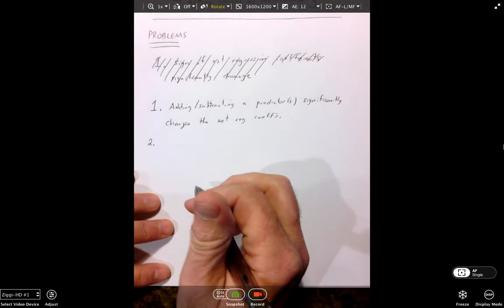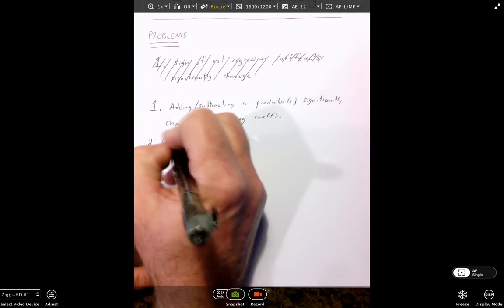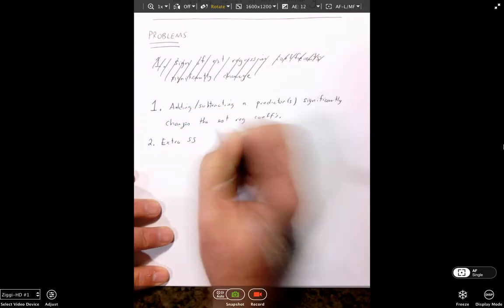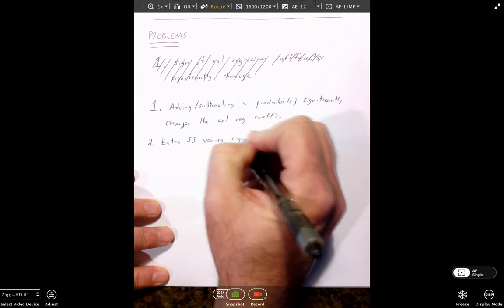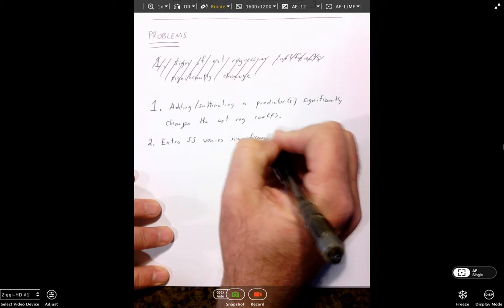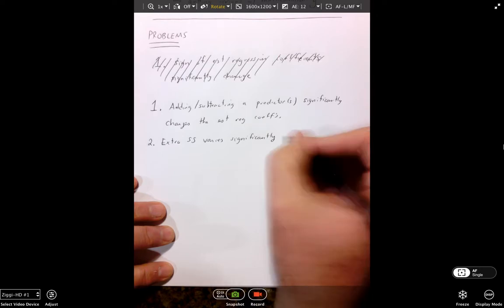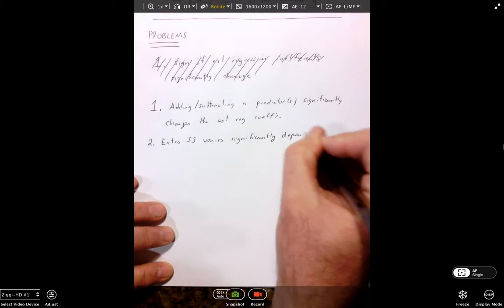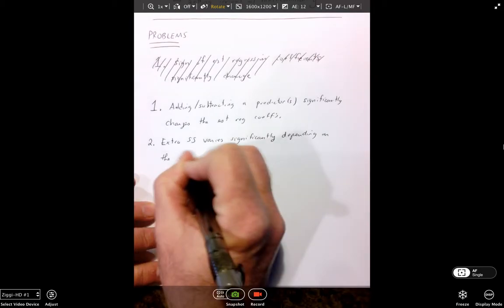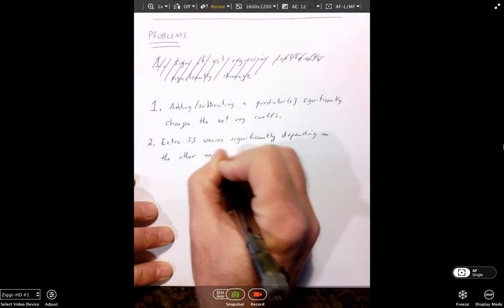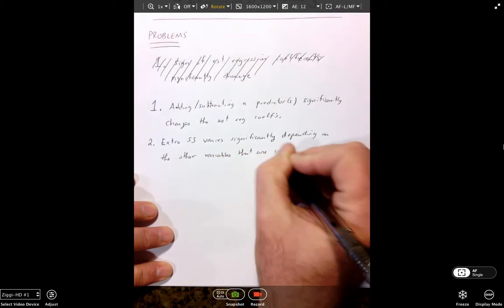Another problem we run into is that the extra sum of squares varies significantly depending on the other variables that are included in the model.